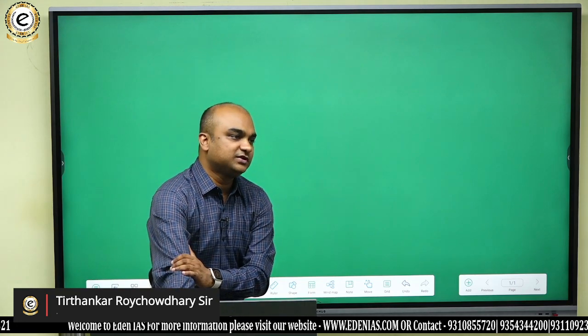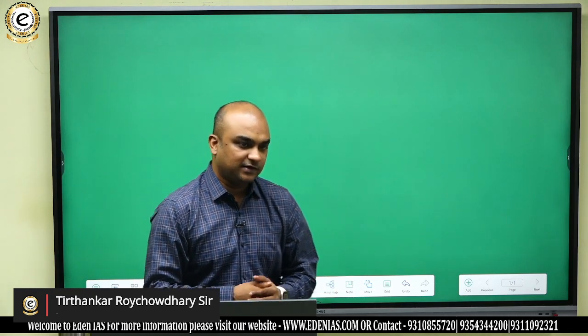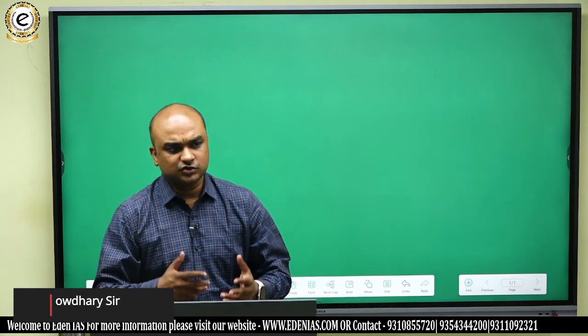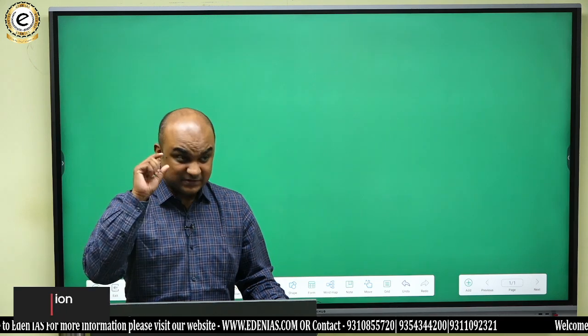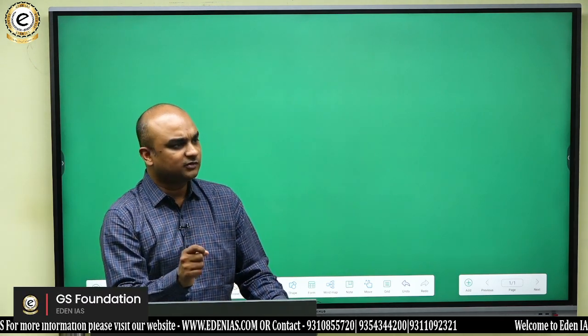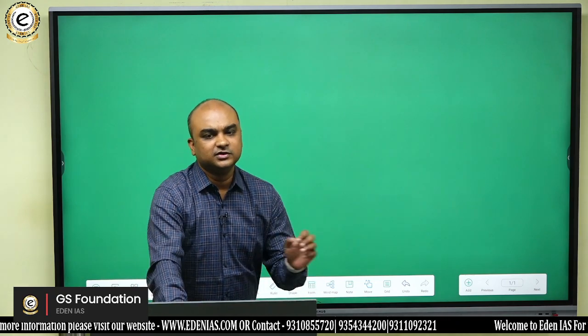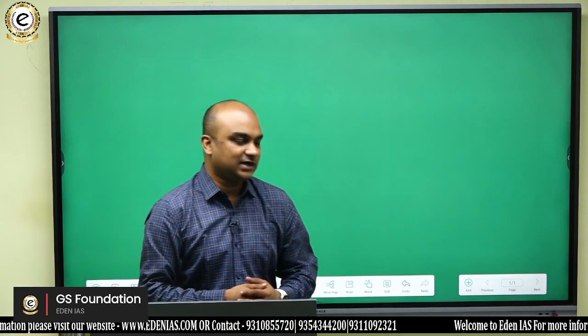When we try to describe the physical features, we are in the realm of physical geography. Whereas when we are trying to describe the socio-economic activities of man over the surface of the Earth from a spatial lens, we are in the realm of human geography. Remember, human geography is also known as socio-economic geography, right? So far everything clear? So let's start the class today.